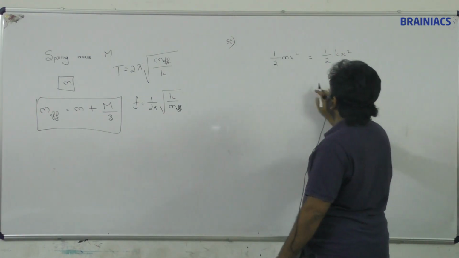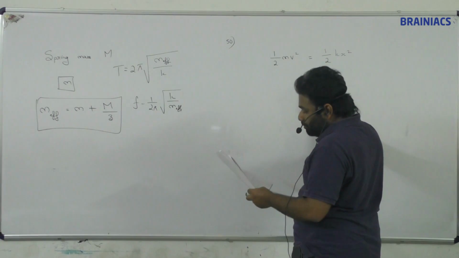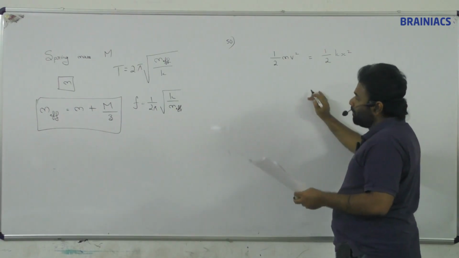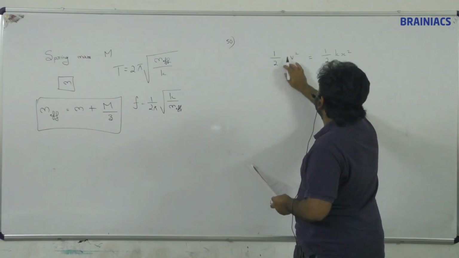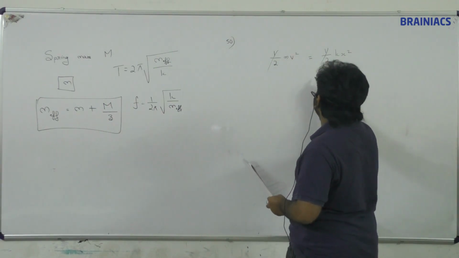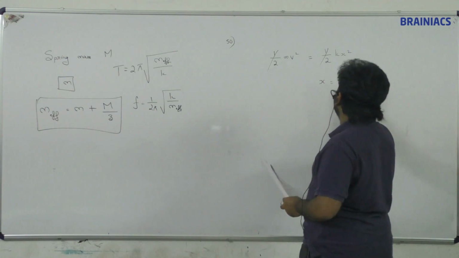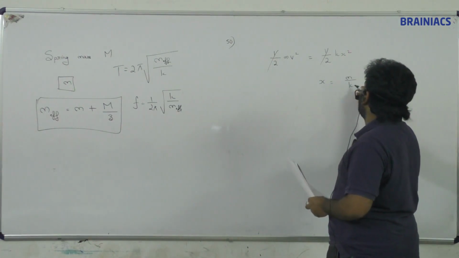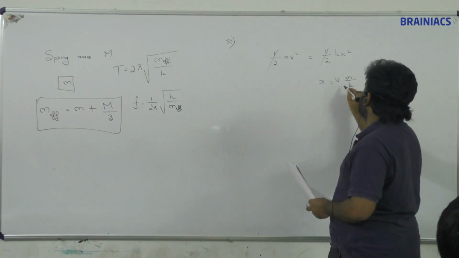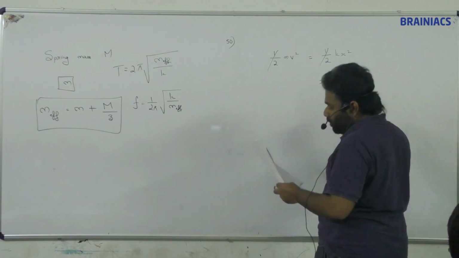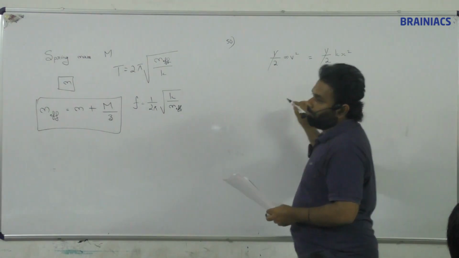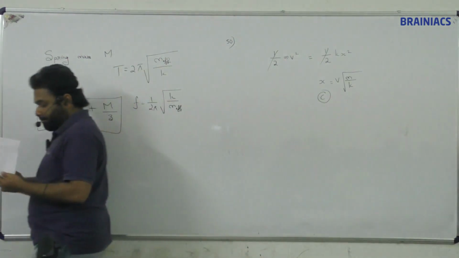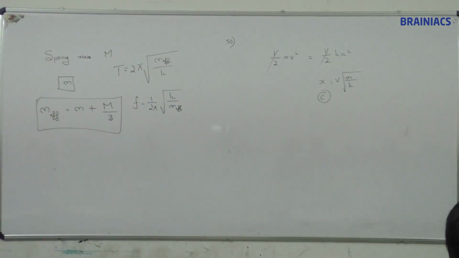Mass cannot be cancelled, let it be. Half will be cancelled. So x square is m by k into v square, so x is equal to v into root m by k. So option C, nothing else. Okay, done.